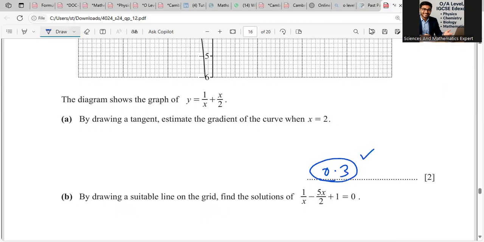After that, he is saying by drawing a suitable line on the grid, okay, by drawing the suitable line on the grid in this format, that 1 by x minus 5x by 2. 1 by x is as it is, only x by 2 is going to 5x.